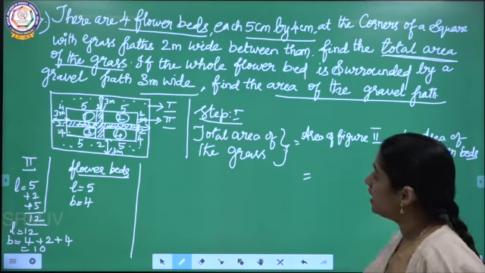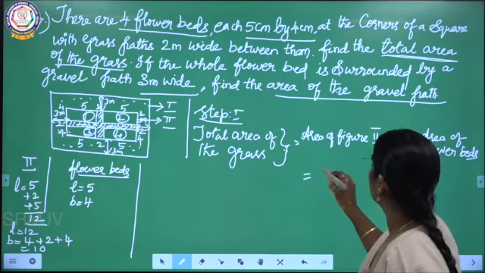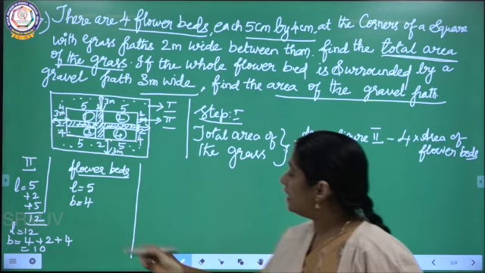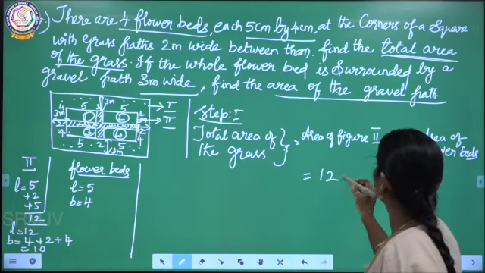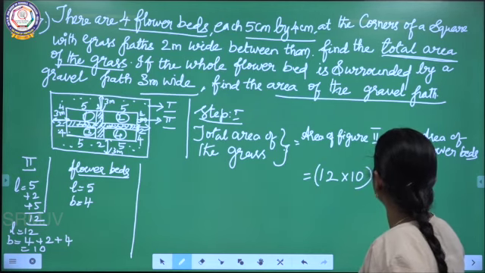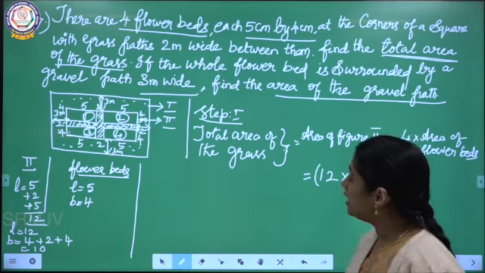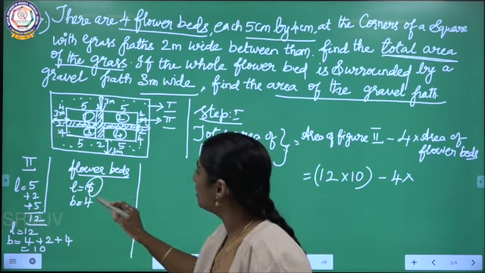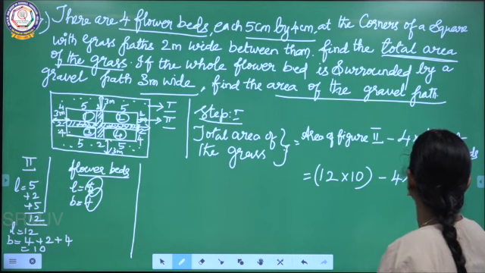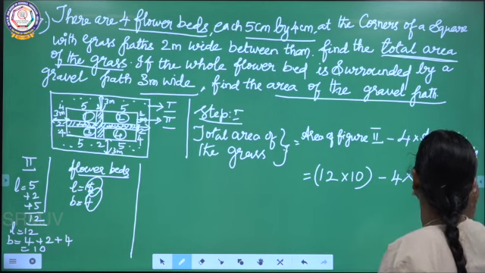See, what is the length? 12. And what about the breadth? 10. Minus 4 into area of a flower bed, which is 5 into 4.